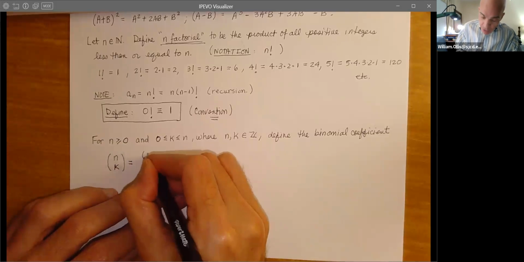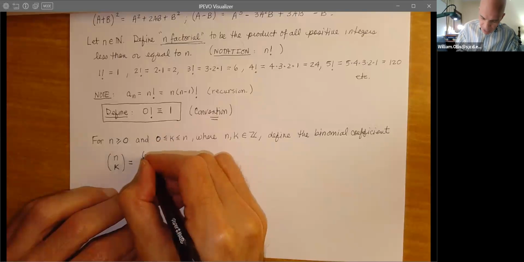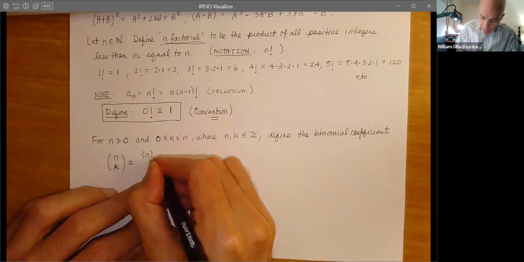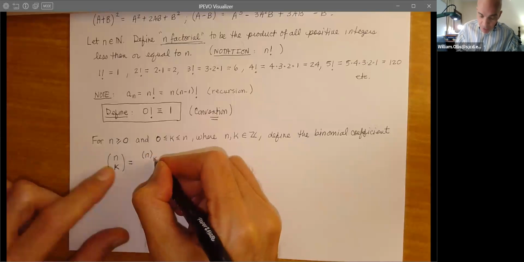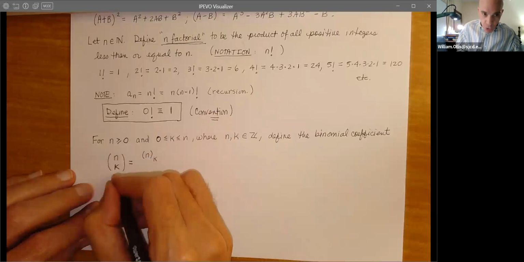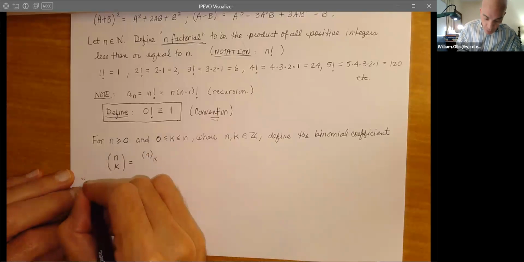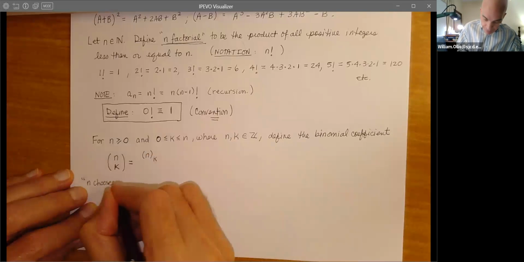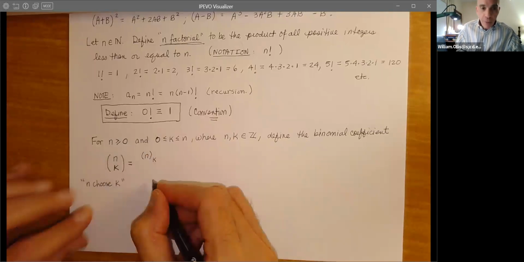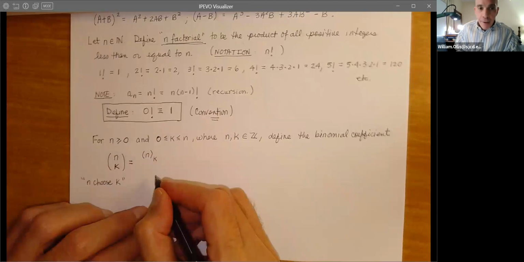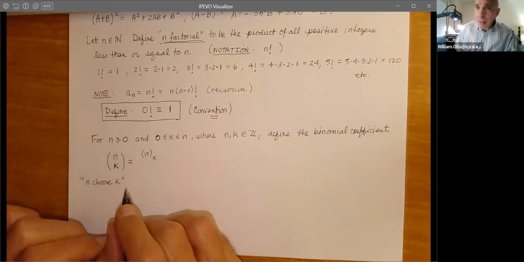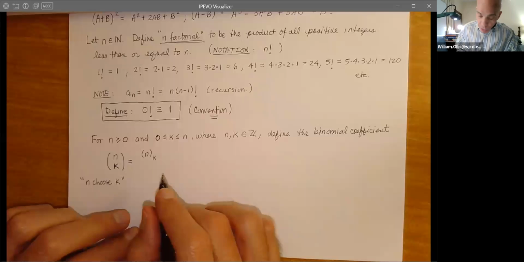So sometimes it's done with the superscript, but I think that's confusing. So I'm going to call this n perm k, and I'm going to call the binomial coefficient n choose k, because that's an easy way to refer to it, n choose k. That's thinking about the probability aspects. Basically, looking at subsets of size k unordered from a set of size n, but that's another course.